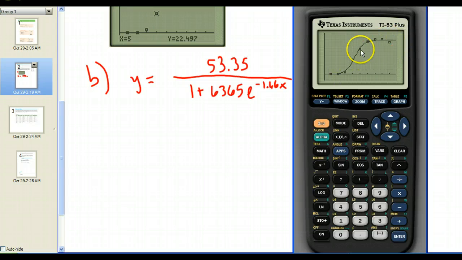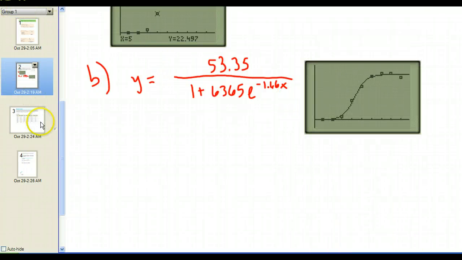Our data suggested a dip in sales at the end, but the logistic model just levels off. So it's not going to show that little dip, but it does show the leveling off that took place towards the latter part of the decade. So I'm going to put that in there and call that my graph. So there's part B.